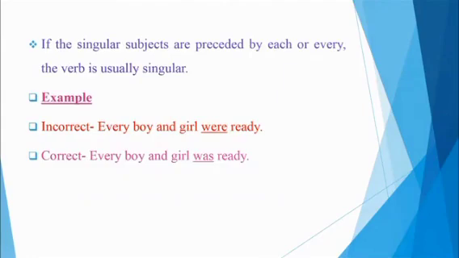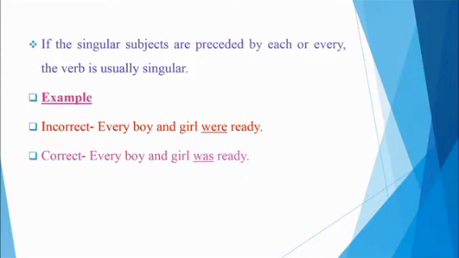If the singular subjects are preceded by each or every, the verb is usually singular. Now look at the sentence. Every boy and girl were ready. Is that a correct sentence? No. The correct sentence is every boy and girl was ready. Why?